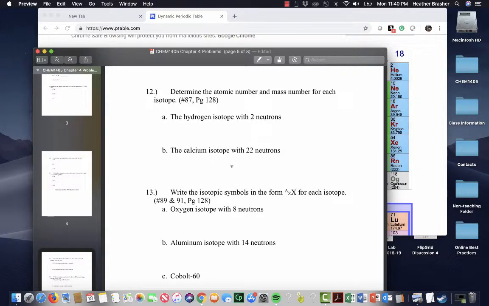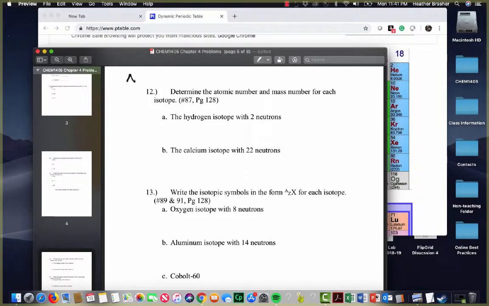Isotopes have to deal with differences in the number of neutrons. If you remember, you can find the number of neutrons by taking the atomic mass minus the atomic number, and that gives you the neutrons. So determine the atomic number and mass for each isotope.